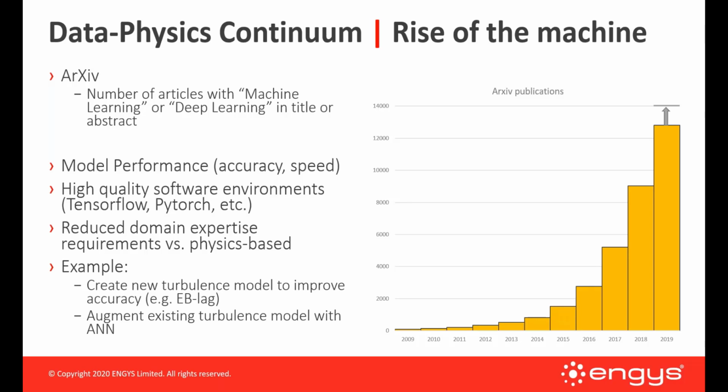So this is not a total list of all publications in this field. It's just, let's say, a proportional sample of how things have changed. If you look at the graph on the right, you can see the rate of change of publications. In 2009, there were a couple of dozen. And last year, 2019, it was more than 14,000 publications. So year on year, we're looking at about an 80% increase, almost doubling in the number of publications per year.